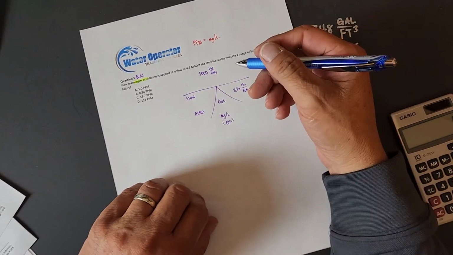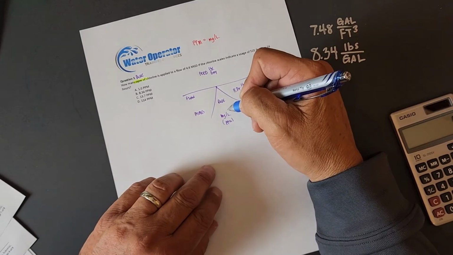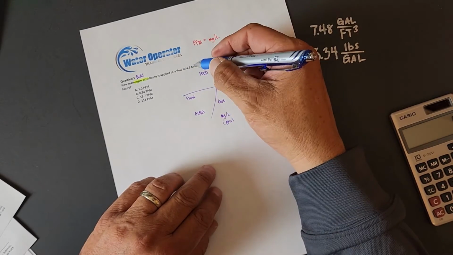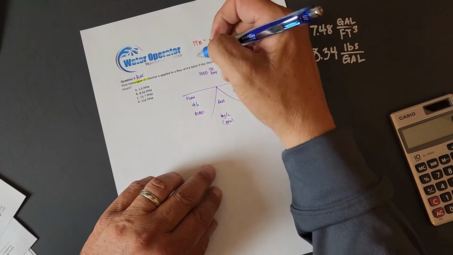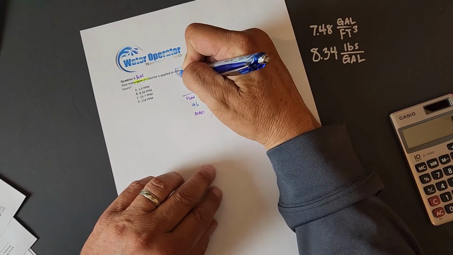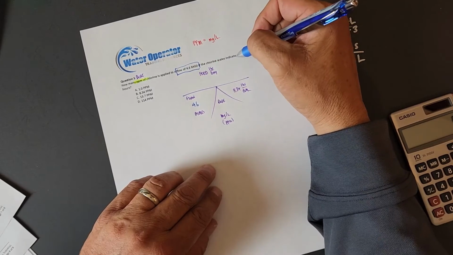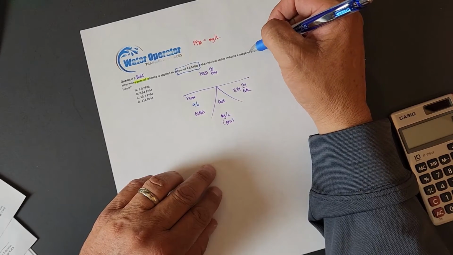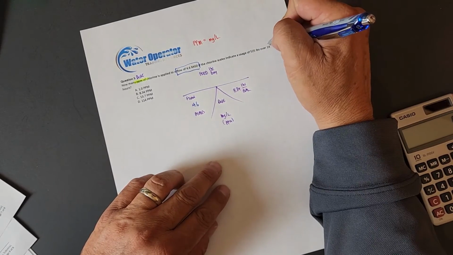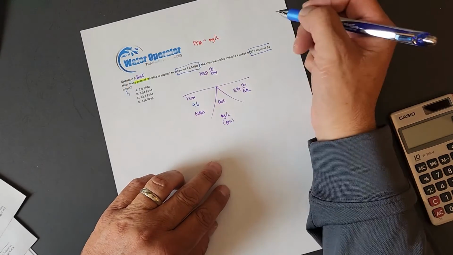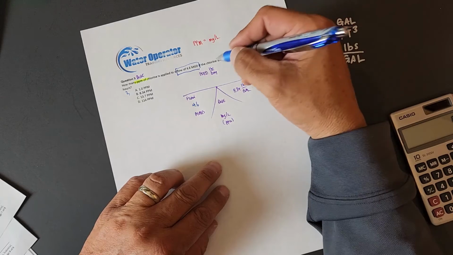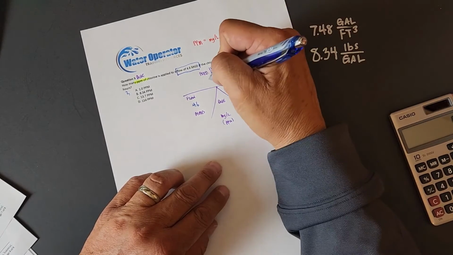Let's write down what we know. We don't know the dose. We know the flow is 4.6 million gallons per day. The chlorine scales indicate the usage of 525 pounds over 24 hours. 525 pounds per day.